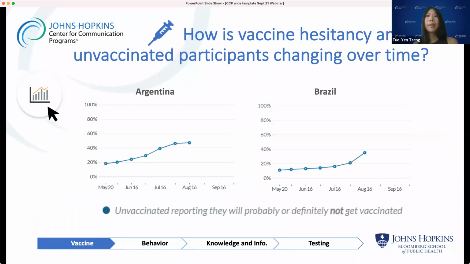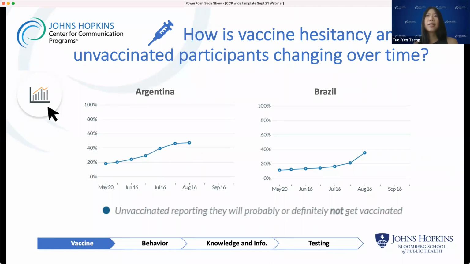We can also examine changes over time. On this slide, please notice the icon on the left with an arrow pointing at it. You will see this icon in the upper right corners of the side panels throughout the dashboard. When clicking on it, a line chart will pop up showing data trends over time, as displayed here for vaccine hesitancy among unvaccinated participants in Argentina and in Brazil.